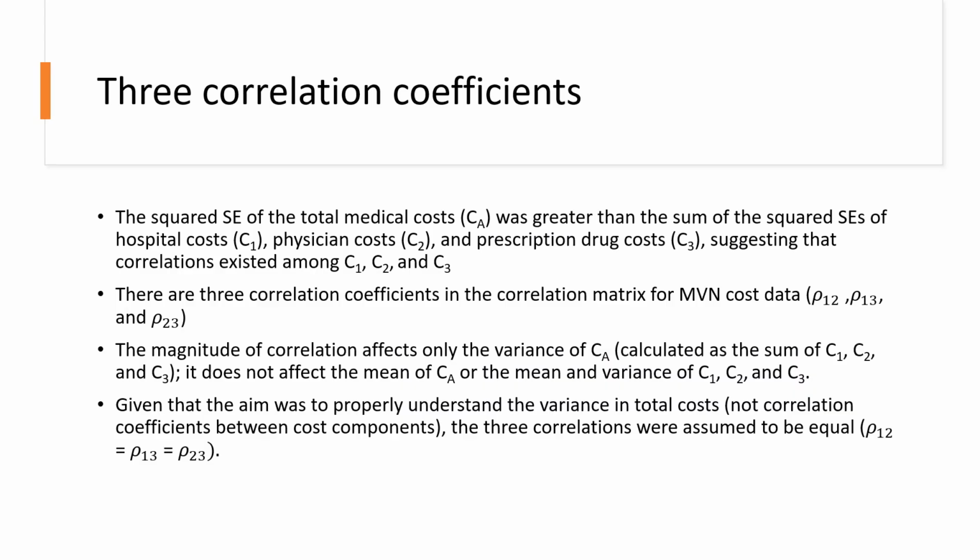There are three correlation coefficients in the correlation matrix. The magnitude of correlation affects only the variance of total cost. It does not affect the mean of total cost, or the mean and variance of each cost component. Because our main goal was to properly understand the variance in total costs, we assumed that the three correlations were equal.